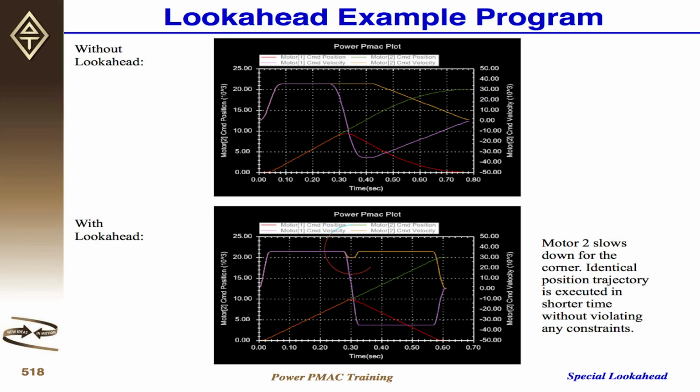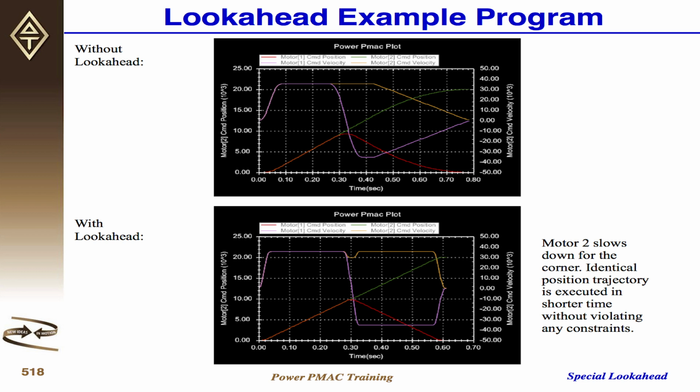Right here, motor 2 slows down for the corner, but the identical position trajectory is executed in a shorter time without violating any constraints.